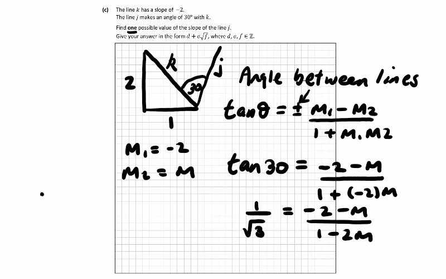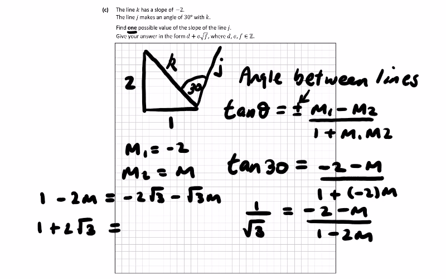Cross multiply, and we'll get 1 minus 2m is equal to minus 2 root 3 minus root 3m. So I'm going to get 1 plus 2 root 3 is equal to 2m minus root 3m.